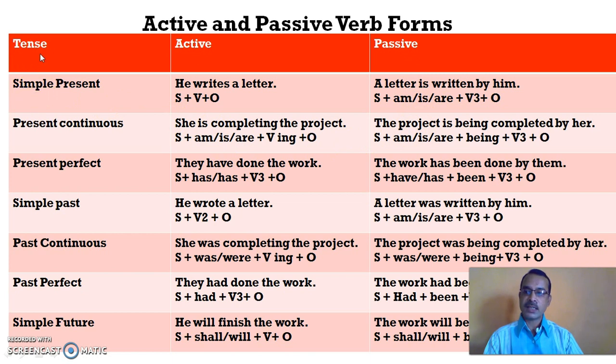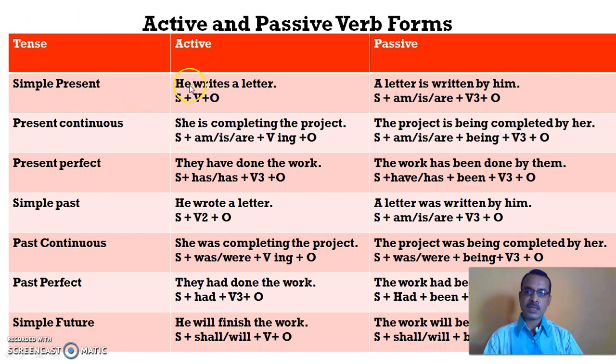Here I have taken the examples of simple present, present continuous, present perfect, simple past, past continuous, past perfect, simple future, etc. In the next slide, there are more examples regarding the conversion of active into passive voice.